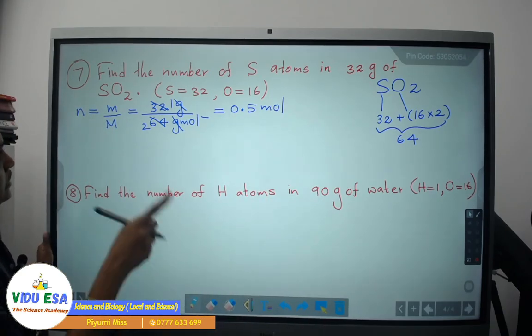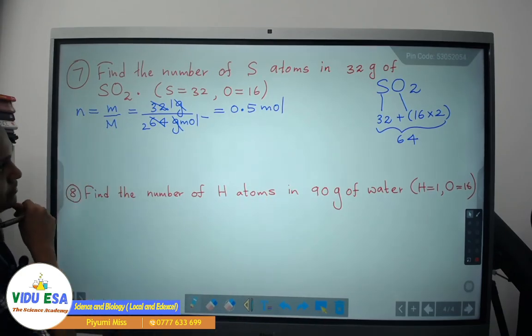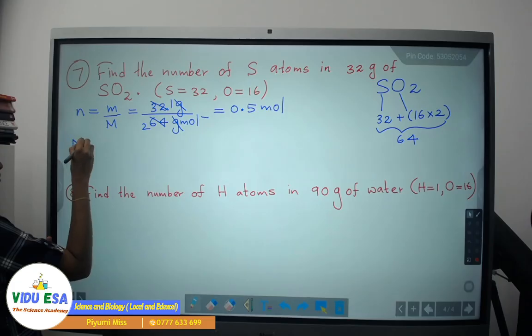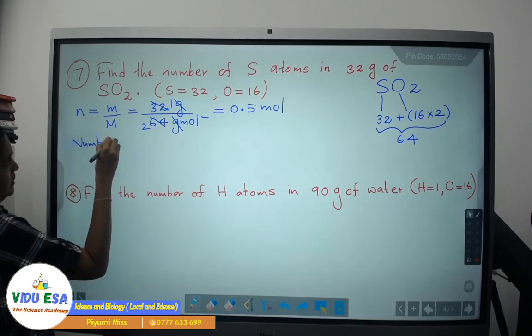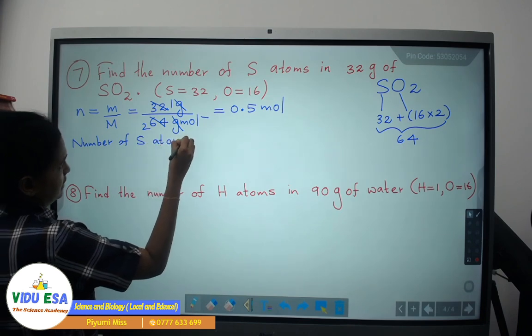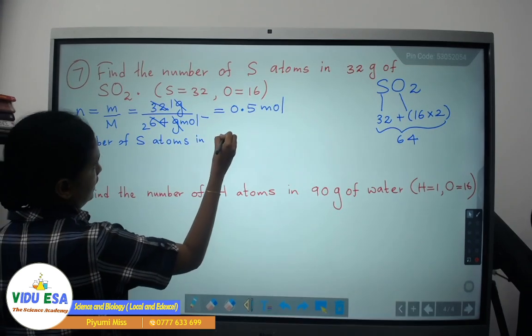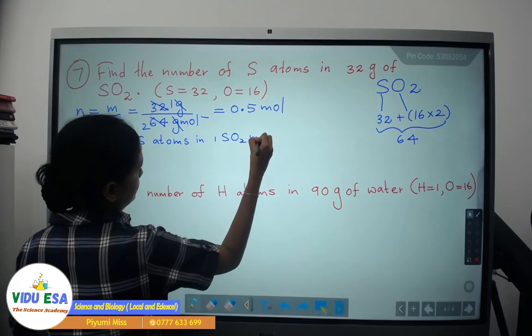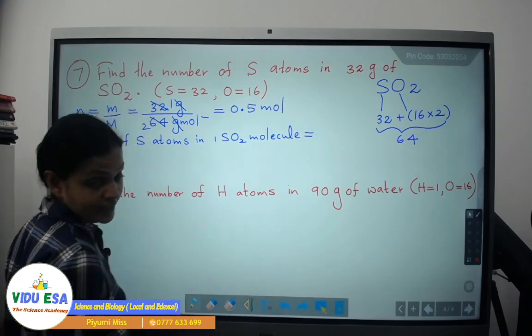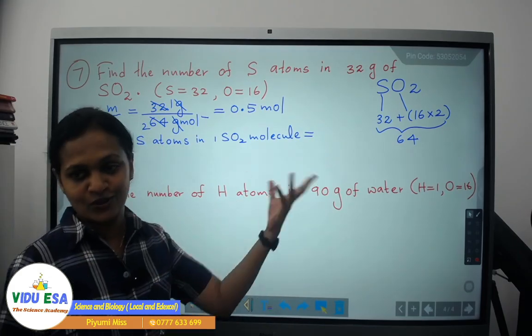Right? So the number of sulfur atoms. Now I can say number of sulfur atoms in one SO2 molecule. Okay, how many sulfur are there in one SO2 molecule? SO2.